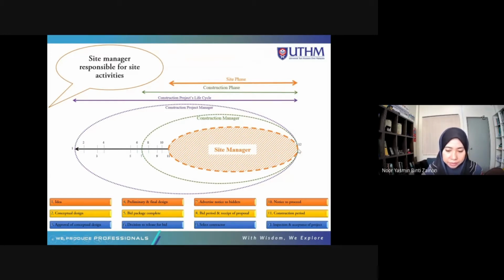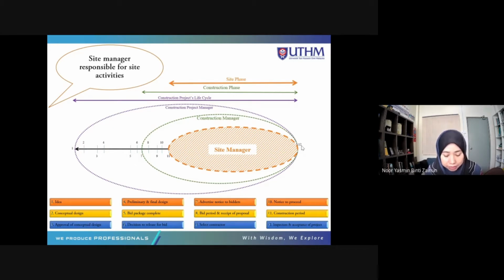What are the activities? We have the project organization chart, project site office, logistic plan, special regulations, safety and health, and environmental controls. It's on the site, okay?